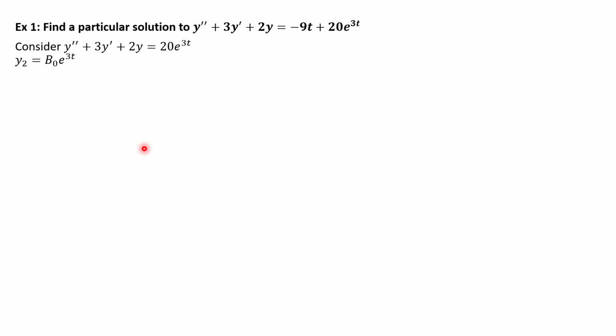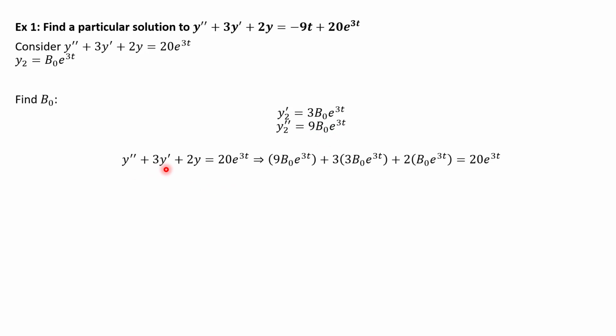Okay, so let's see if we can find b0. From our y2 solution, the derivative is 3b0 e to the 3t. The second derivative would become 9b0 e to the 3t.